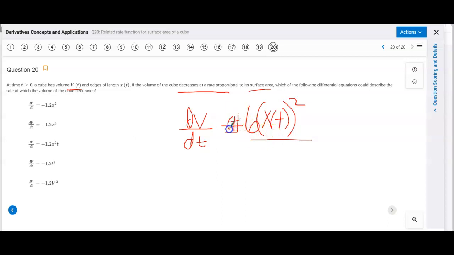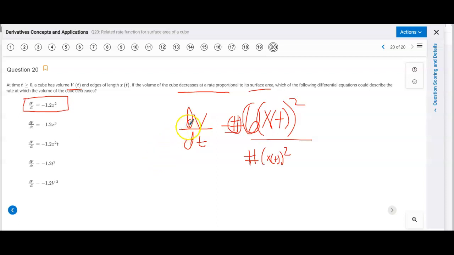If I multiply this number by 6, I'm going to get some other number, right? So dv dt has to be equal to some number times x squared, and that would be your answer right there. The fact that it's negative makes sense as well, because the slope is negative, which means that v is decreasing at that point, right?